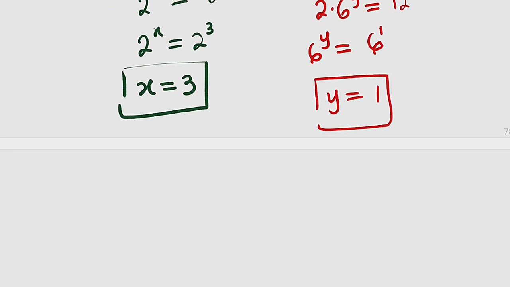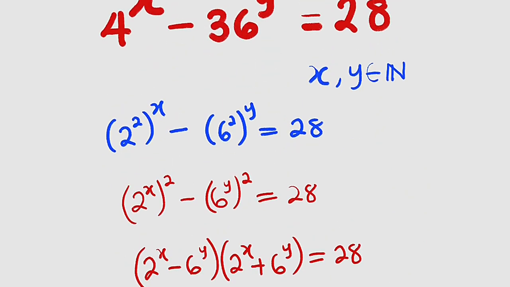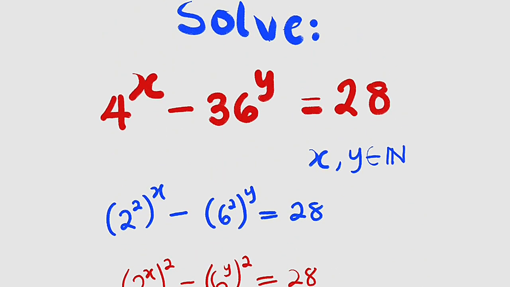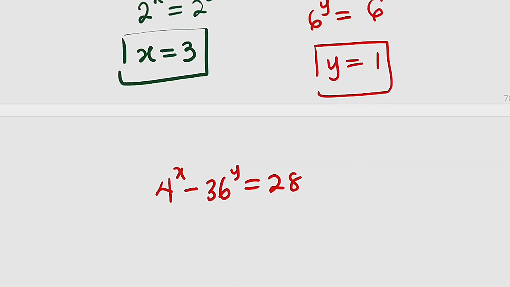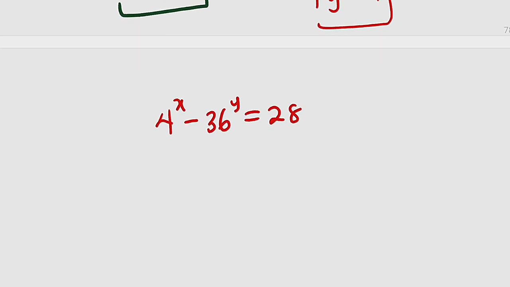So therefore, x equal to 3 and y equal to 1. But you can always check them in the main equation to see whether this is true. Our main equation is 4 to the power of x minus 36 to the power of y equal to 28, where y is 1 and x equal to 3.